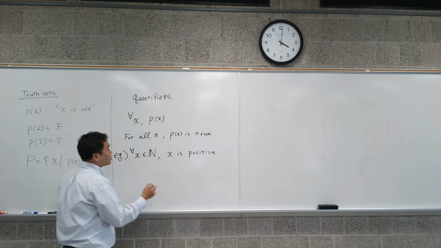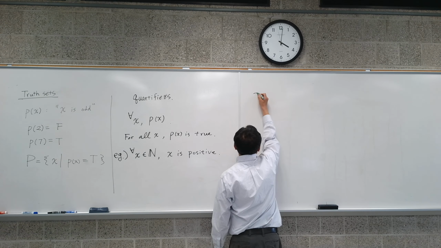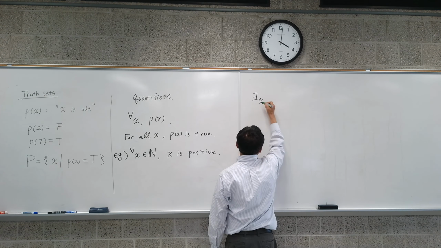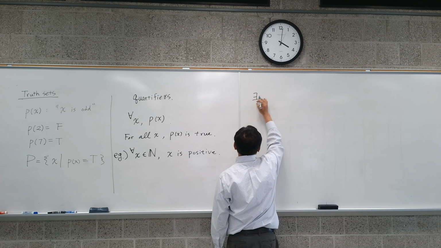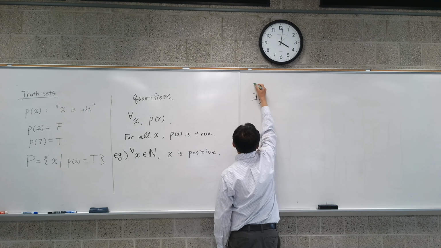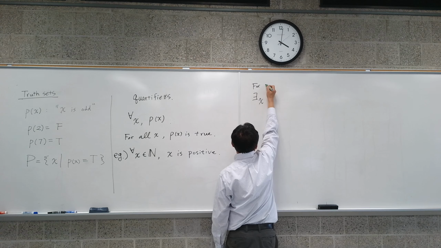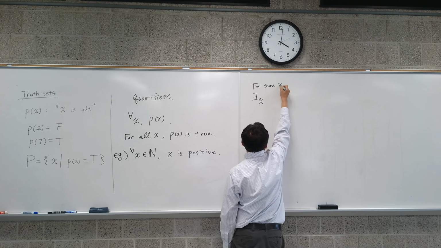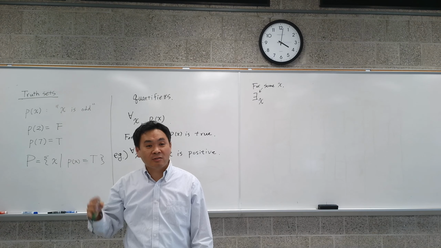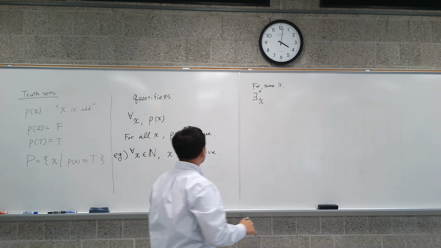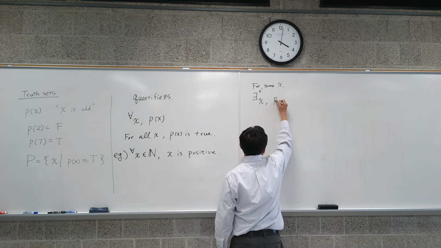On the other hand, you could have this, which is exists, okay? So for some x, that's what this means. Or there exists some x such that P(x).